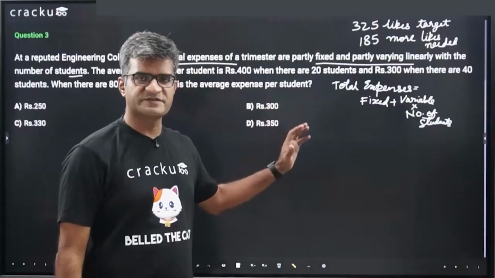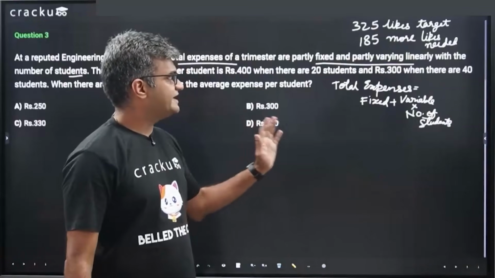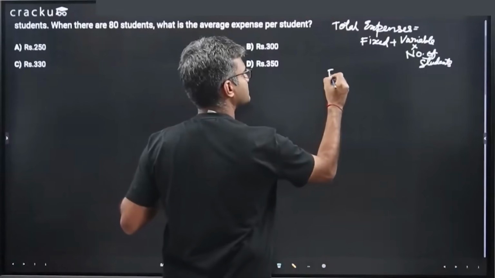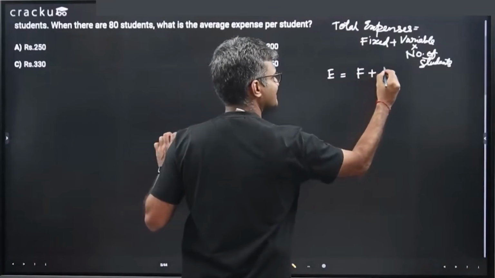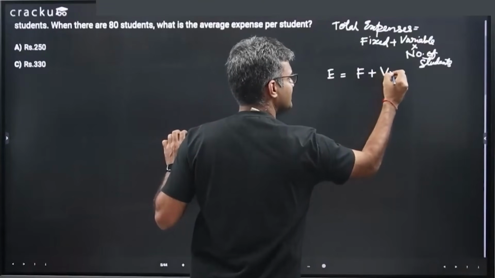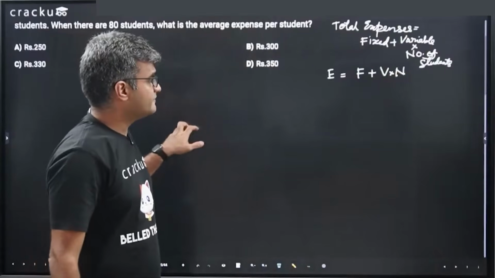We are told that the total expenses, some of it is fixed and some of it is variable, and it is varying linearly with the number of students. So expenses will be of the form F plus some constant K, or we can make it as variable V, into the number of students. This is the total expenses. We are given some information.